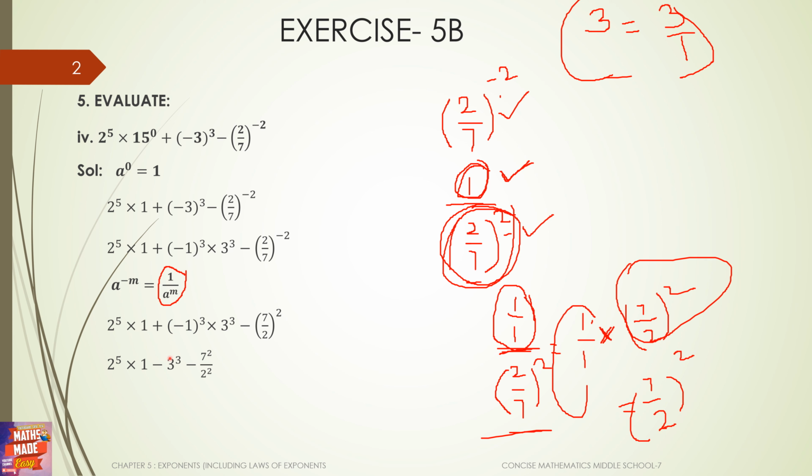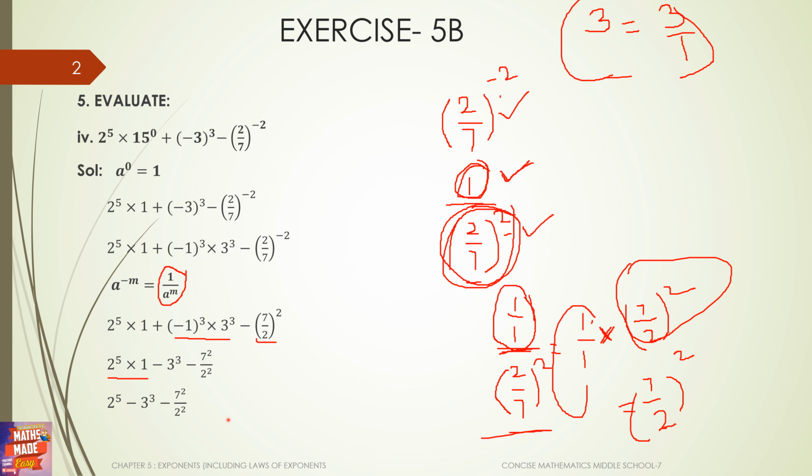So, minus 3 cubed minus 7 square by 2 square. I just multiplied everything inside and now multiplying these both. In this step I have multiplied inside, and in this step I have multiplied these both together. So this is what you get.